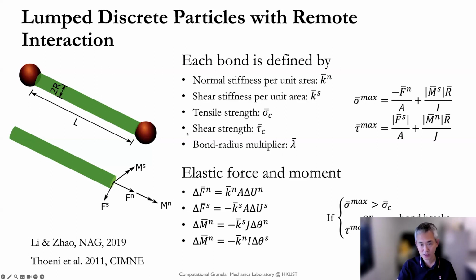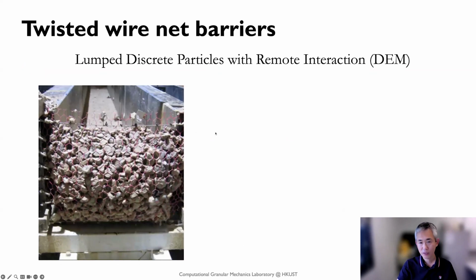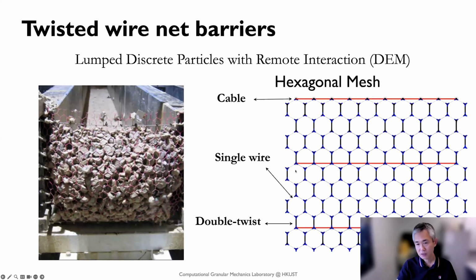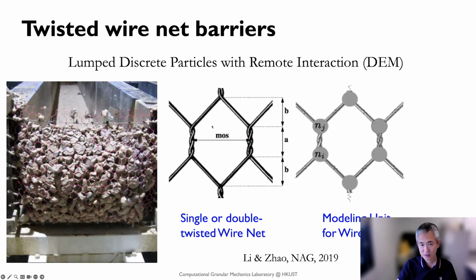So this is our consideration, and then we can use this unit to generate a whole twisted wire net like this one. We can also use DEM to generate cables like this, horizontal cables, and this net can slide over these cables. We can also generate a so-called single wire, this thing here, and this is supposed to be a double wire here.